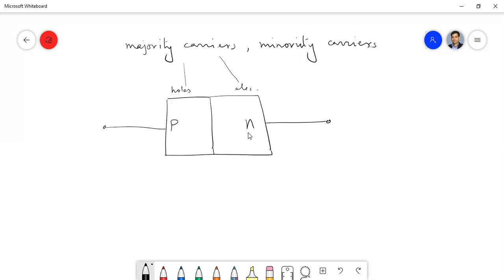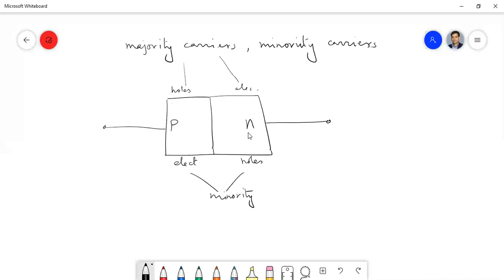But there will be some electrons as well, due to thermally generated phenomena under normal conditions. There will be some electrons in the P-type substrate also, and that will be considered a minority carrier in the P-type substrate. And here we have holes for the N-type substrate, which will be considered minority carriers.